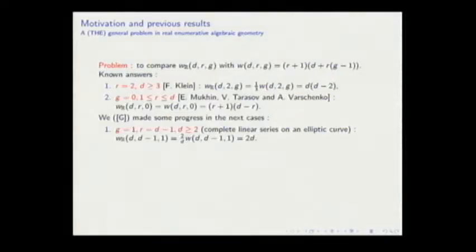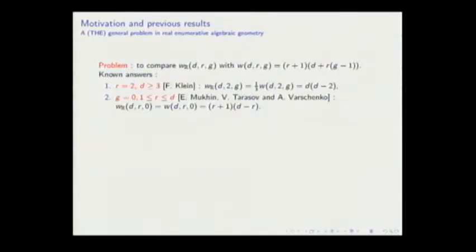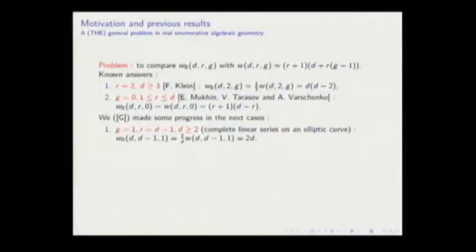But for this problem of finding curves with a lot of real Weierstrass points, these were all the results. So the next case in this philosophy would be genus 1, and we made some progress for genus 1. When the linear series is complete, we showed that you have a linear expectation of real Weierstrass points with respect to the total amount, which is quadratic.